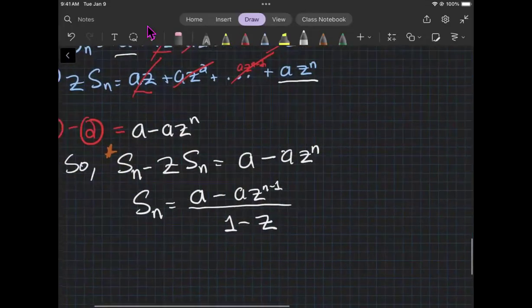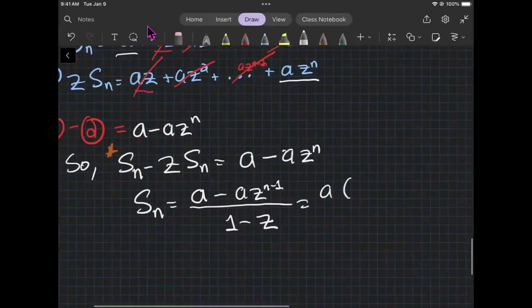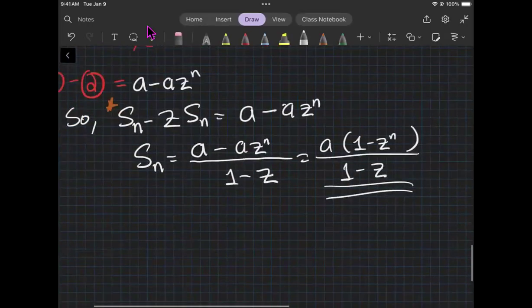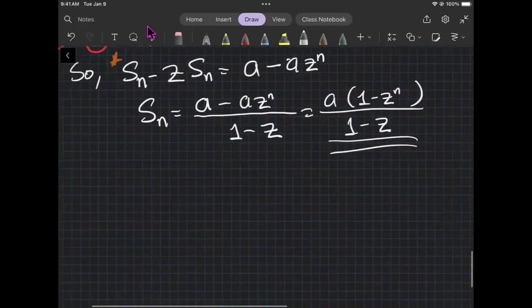Or if you just factor out the a's, we can express this as a times 1 minus z to the n, over 1 minus z. So this is the sequence of partial sums for a geometric series.